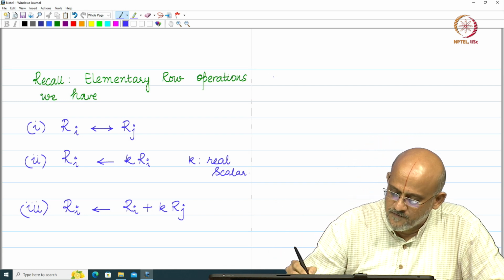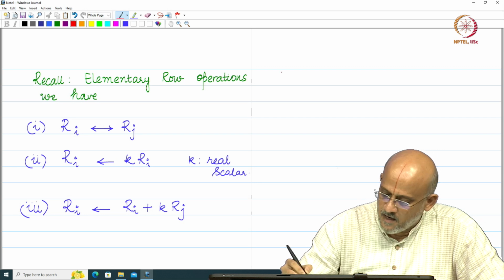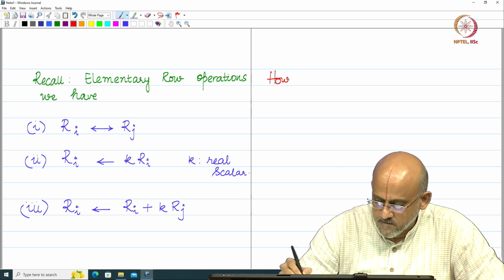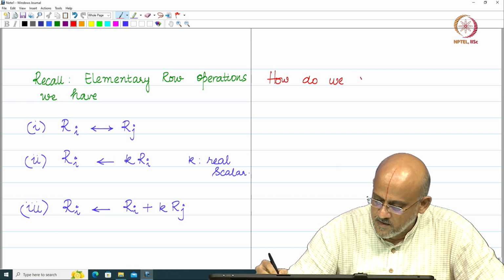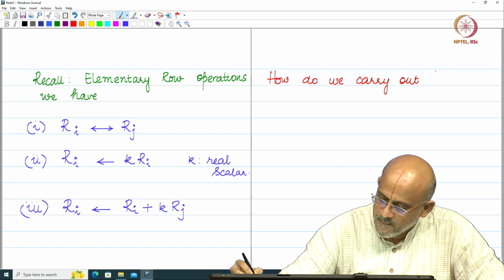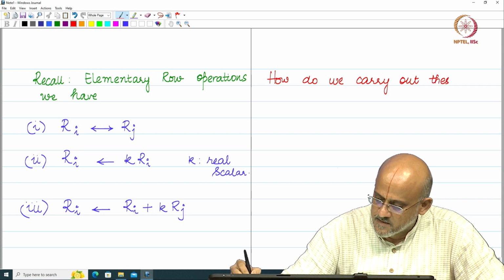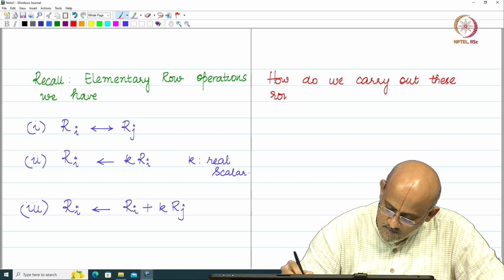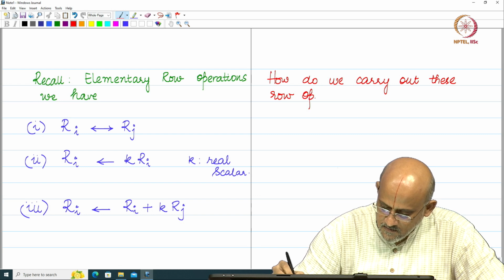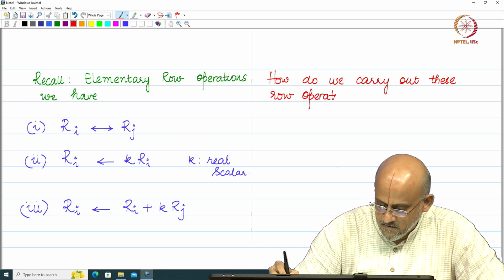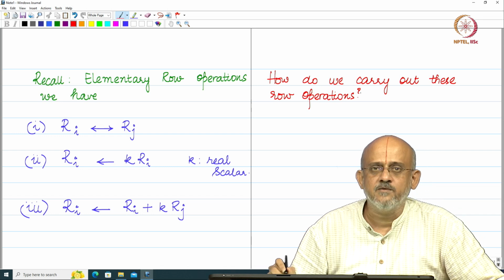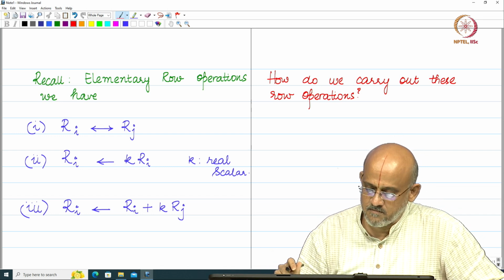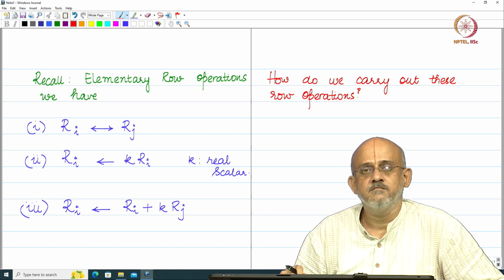The first thing that we are going to do is look at how we carry out these row operations. So that is the question that we have. How do we carry out these row operations? How do we do it?